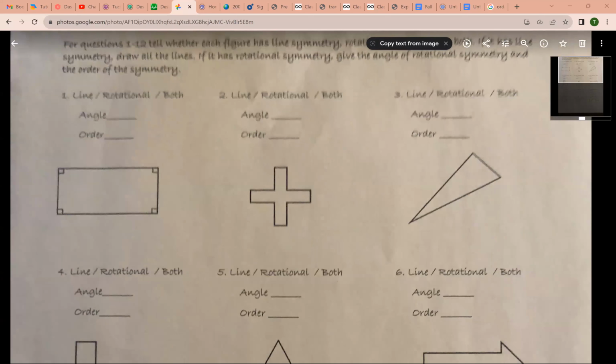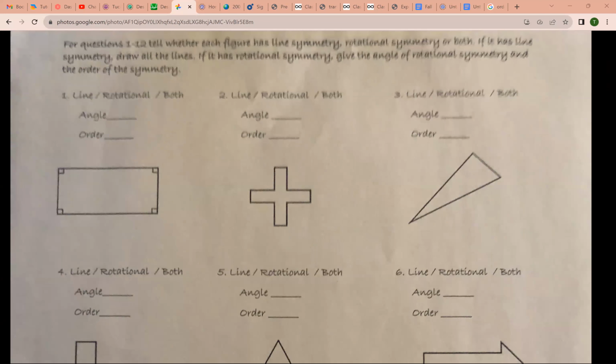Well, I shouldn't say that. That means it's the same process. Take a look at this one here. So line symmetry. I think you can see there's that one that goes down the middle there, that one that goes there. Are there any others? Does that work?